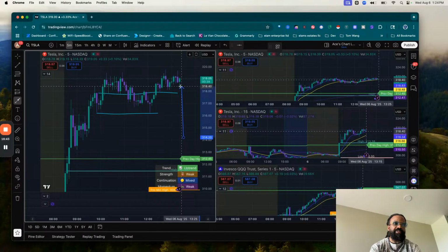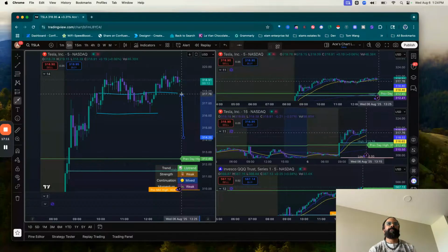If we get a nice close on this 5-minute candle, okay, it looks like sellers are trying to push back. I want to see speed and momentum. That's what we're looking for with the break and retest strategy, speed and momentum. All right, so sellers are fighting back. 10 seconds left.